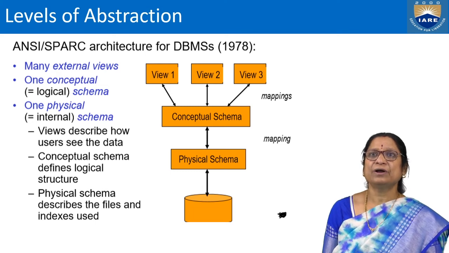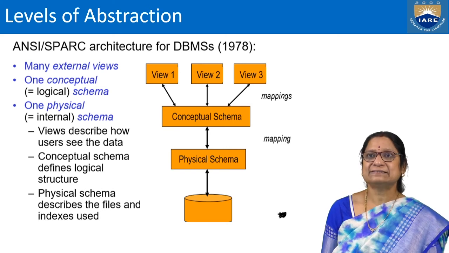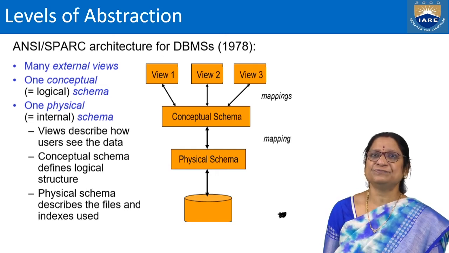So this architecture consists of, as you observe here, 3 levels. First, the physical schema, which is the lowest level. Conceptual schema, the middle level. The third one, the higher level, is known as the view level. You may call it the physical level or the internal level.